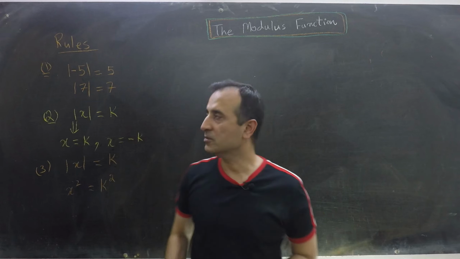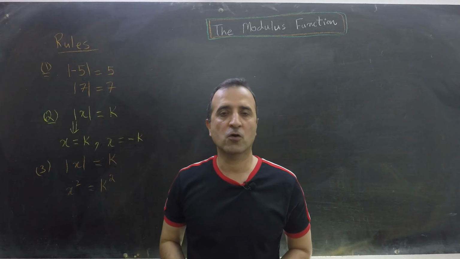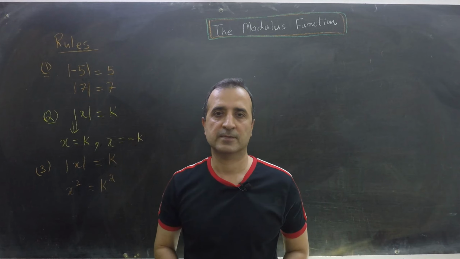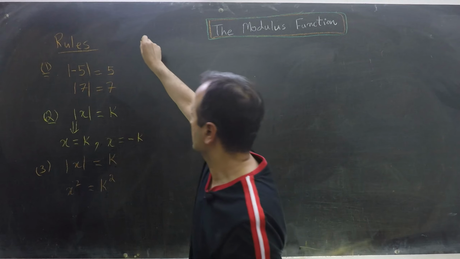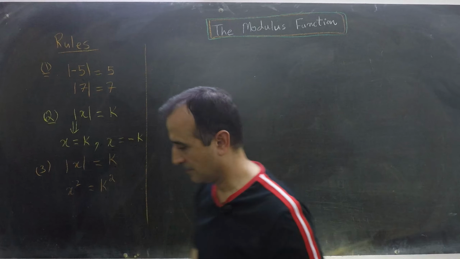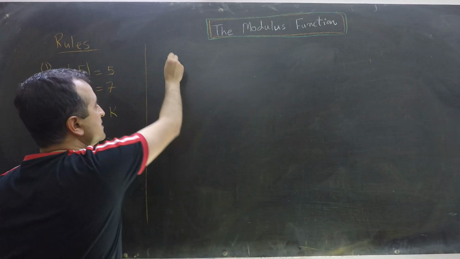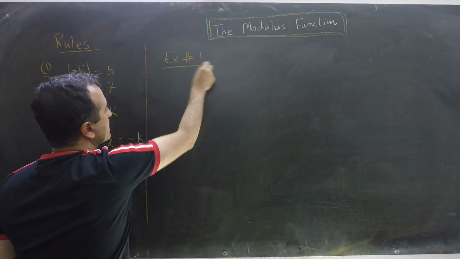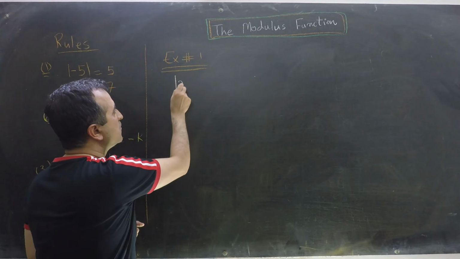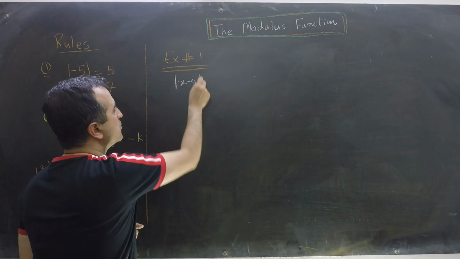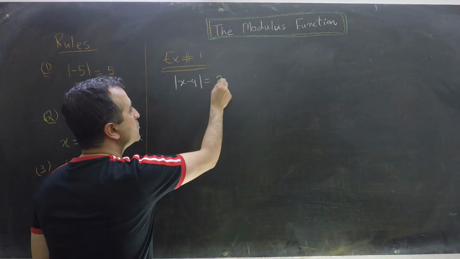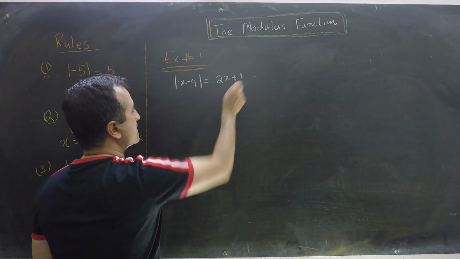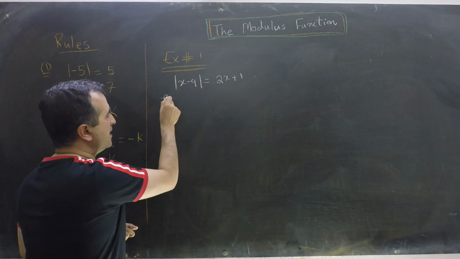Now let's use these three rules to solve two examples. Example number 1. Modulus of x minus 4 is equal to 2x plus 1. Find x.